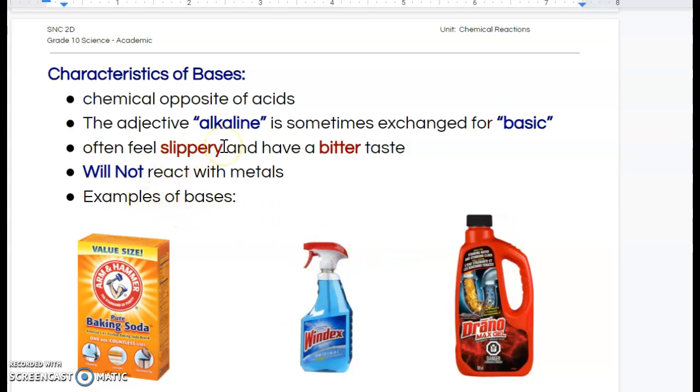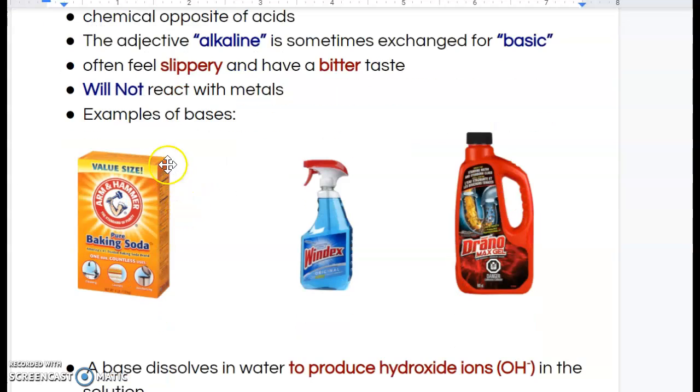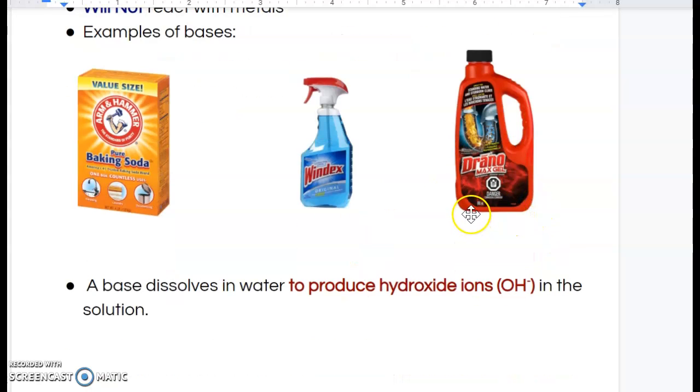They often feel slippery and have a bitter taste. So you're going to see basic solutions feel slippery. One example would be soap. Soap is very basic. It will not react with metals. Examples of bases again: baking soda, Windex, Drano, and soaps in your house.